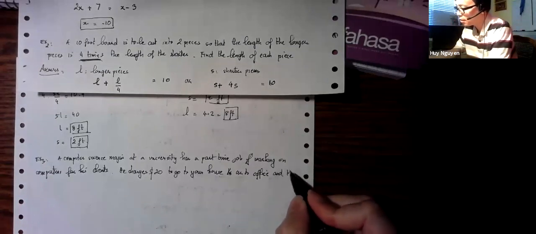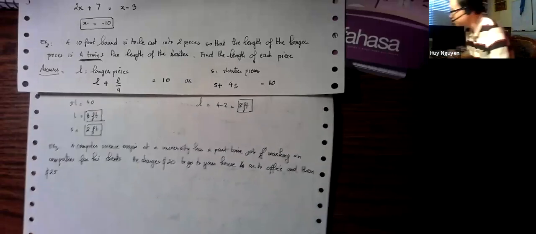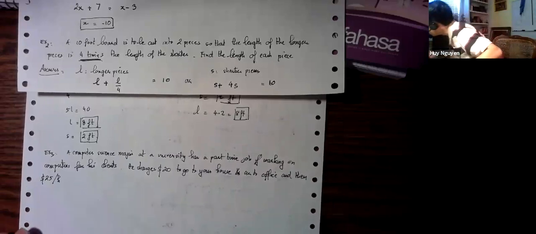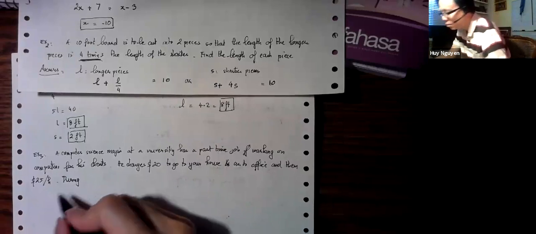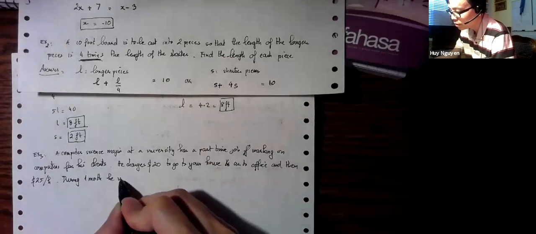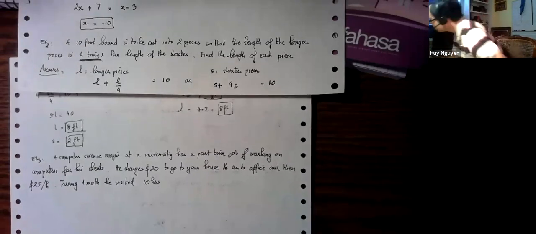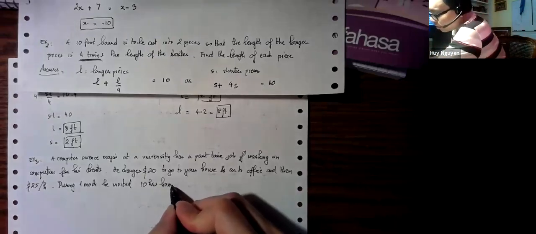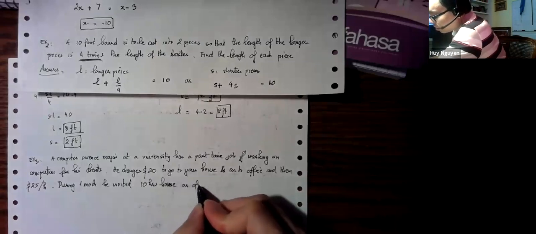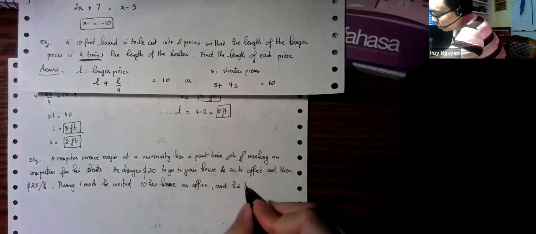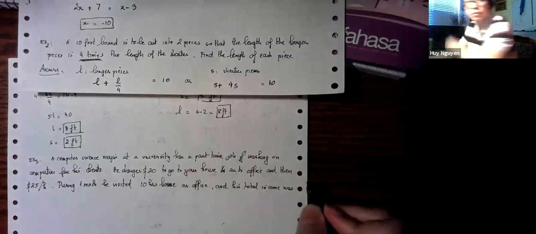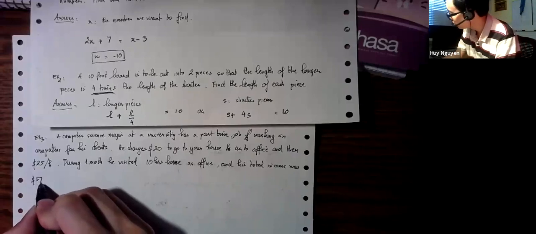And then $25 per hour. During 1 month, he visited 10 hours, house or office, and his total income was $575.